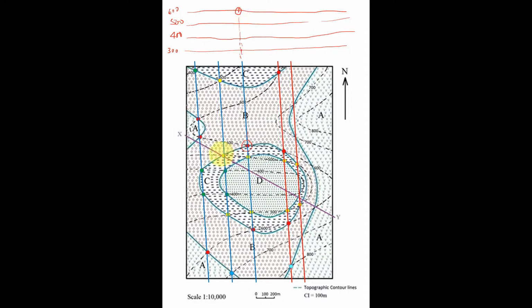Then this strike line for BC, it is having 500 value. So I plot this 500 here, and this strike line for BC, it is having a value of 400. So I plot 400 here. If I join these, I'll be getting the boundary or the junction BC.